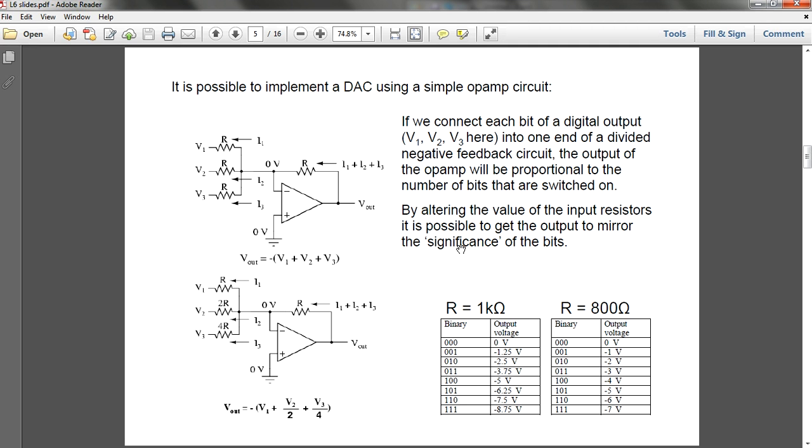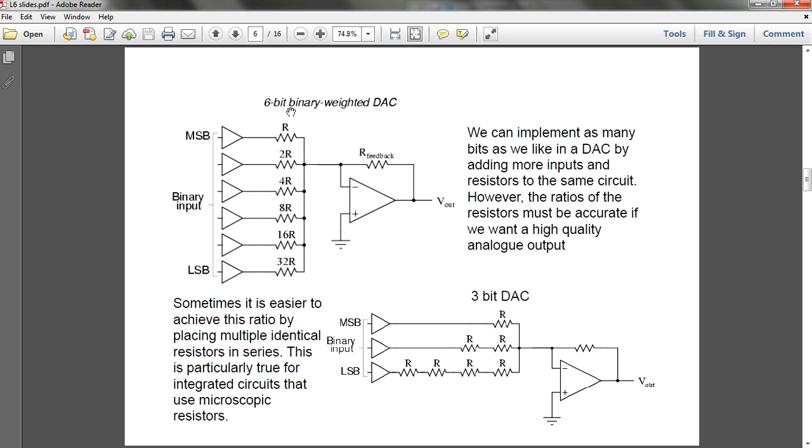If you want to have more bits, you can put in more resistors over here. These resistors are connected in this area, and then you sum it all up into here, and put it into the inverting side. So this is an inverting amplifier.